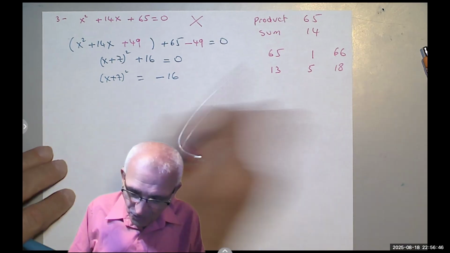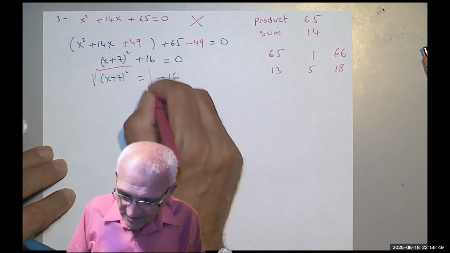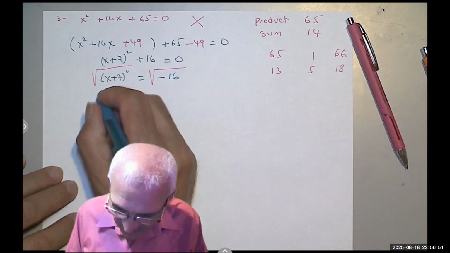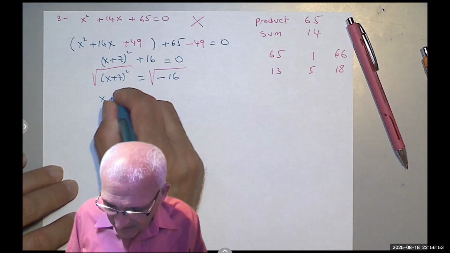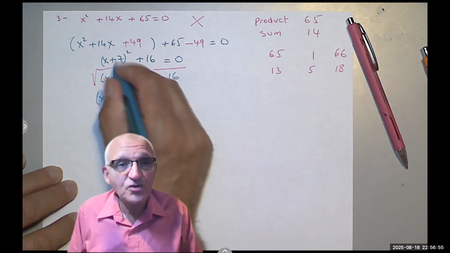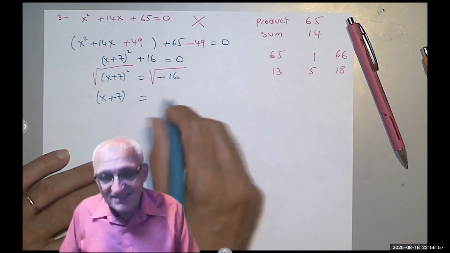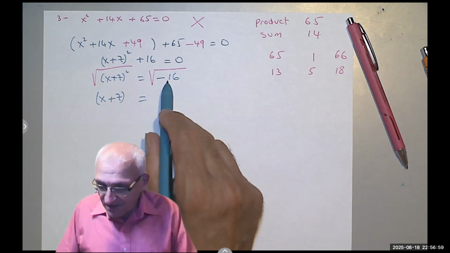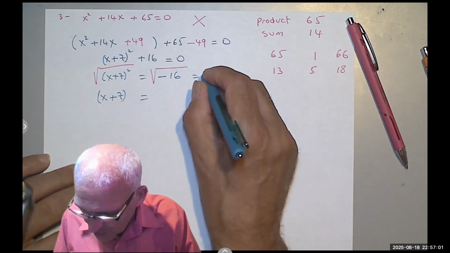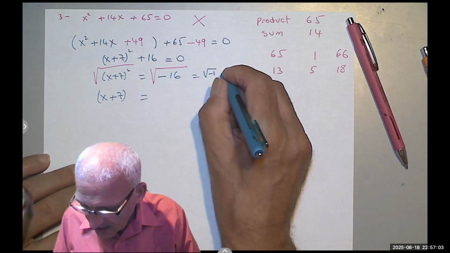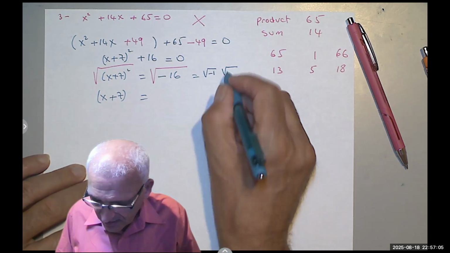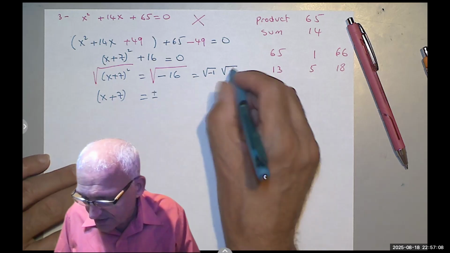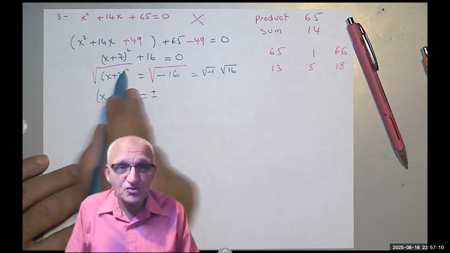Then I'm going to take the square root of both sides. Left-hand side becomes x plus 7 because the square and the square root cancel. The right-hand side, you notice root of negative 16 is the square root of negative 1 times the square root of 16. And I have to say plus or minus because we take the square root.